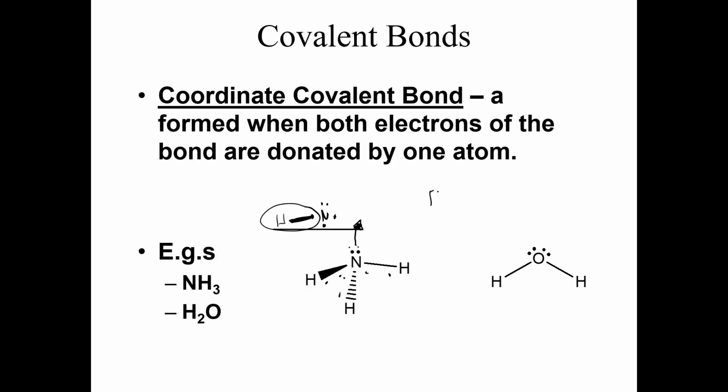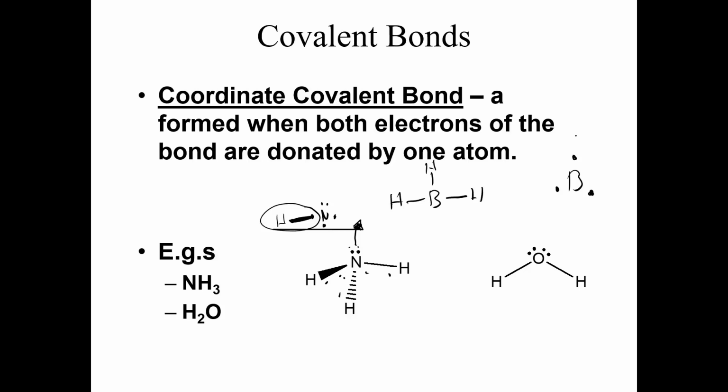And you can have a molecule like BH3. Boron has 3 valence electrons, okay? It really needs 5 more in order to get 8.